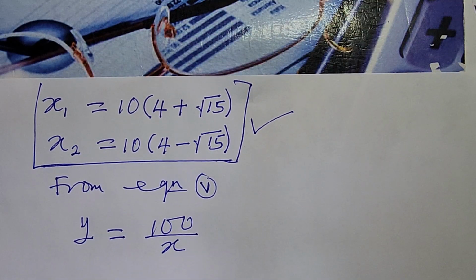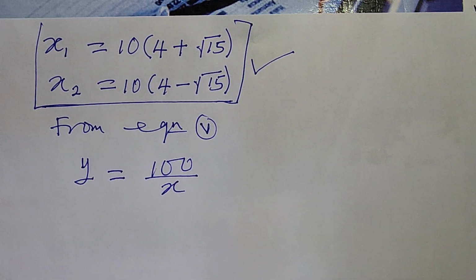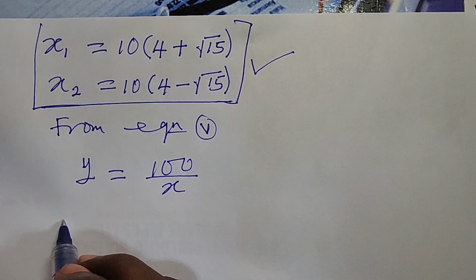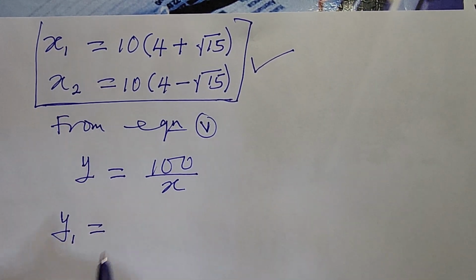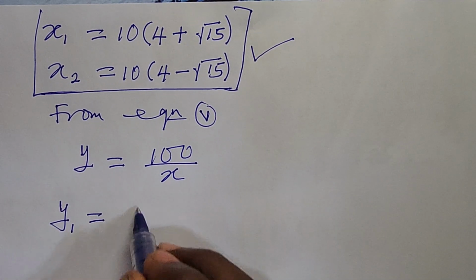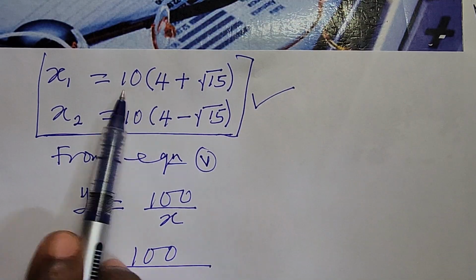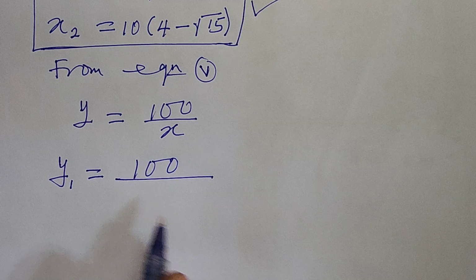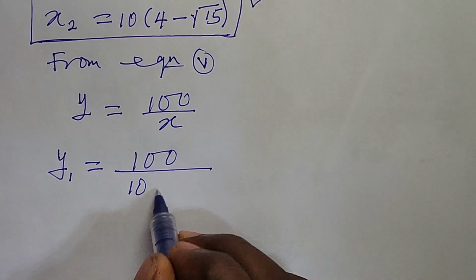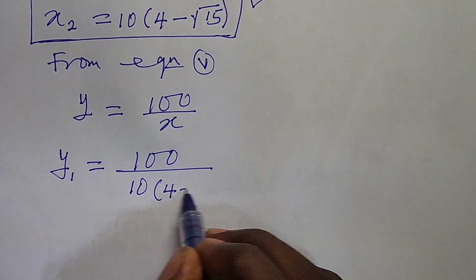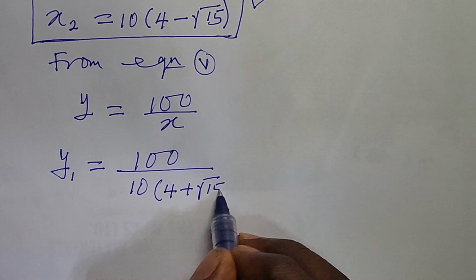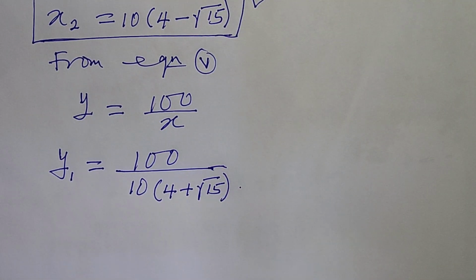Good. So wherever we see x, let's put in our test root. So for our y1, this is going to give us 100 all over the first root, which is x1, which is 10 bracket 4 plus the square root of 15 close bracket.